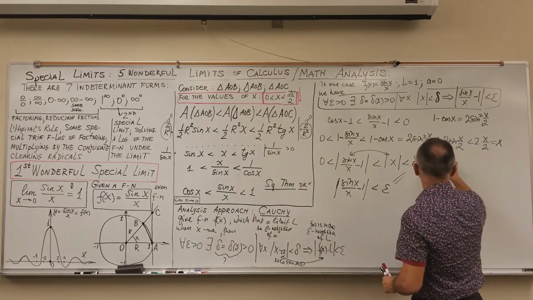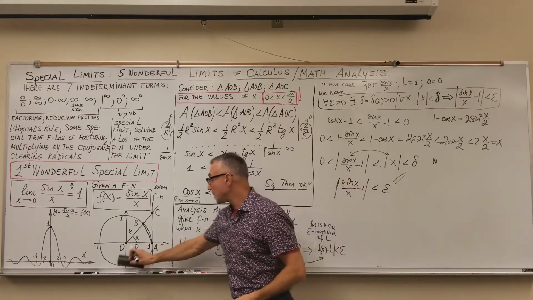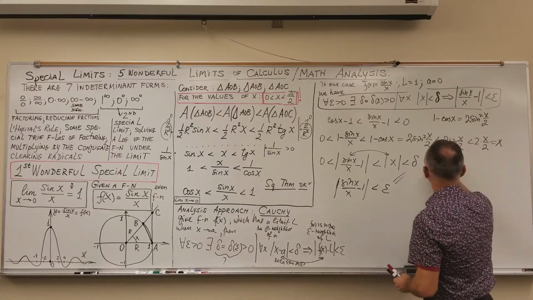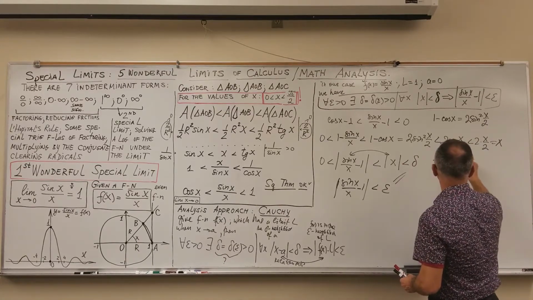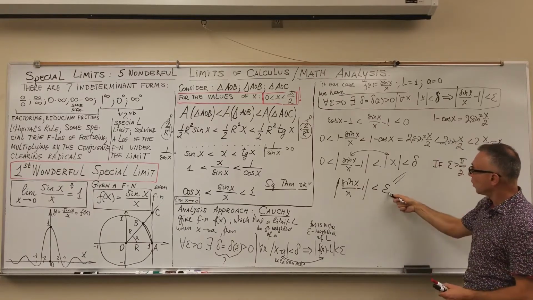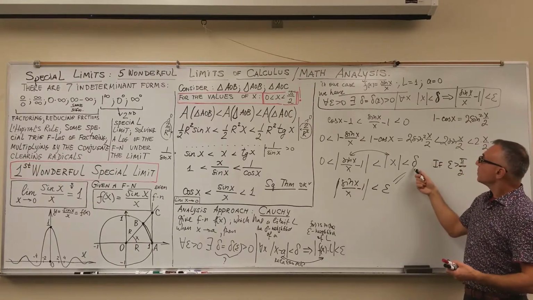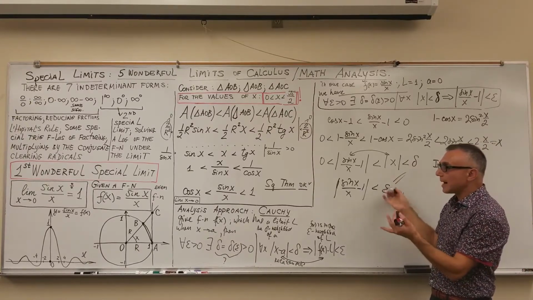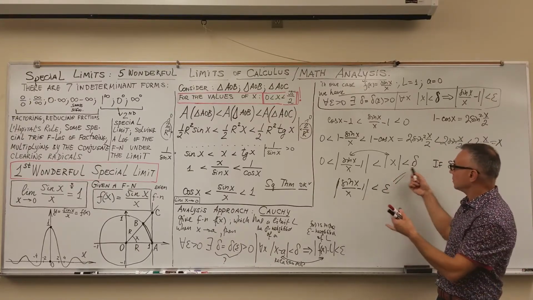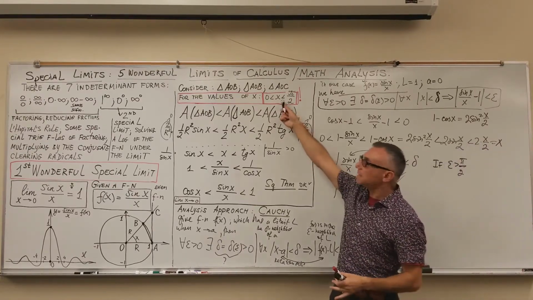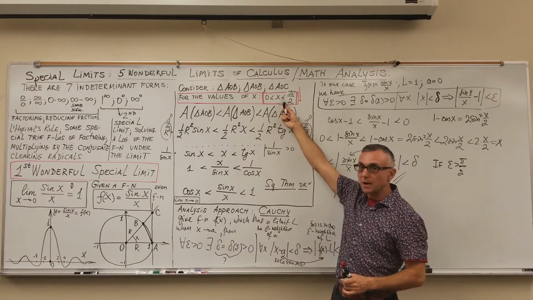So if my epsilon could be more than pi over 2, then if epsilon is equal to delta, x could be outside of this condition. x could be more than pi over 2 here.